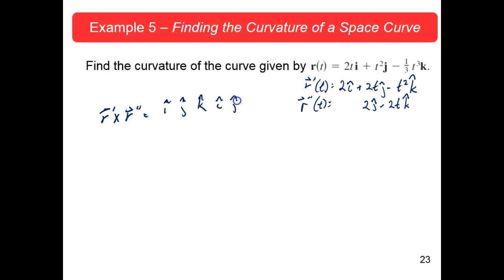R prime is 2t, minus t squared, 2t, and your r double prime is 0, 2, negative 2t, and then repeat those 0 and 2.